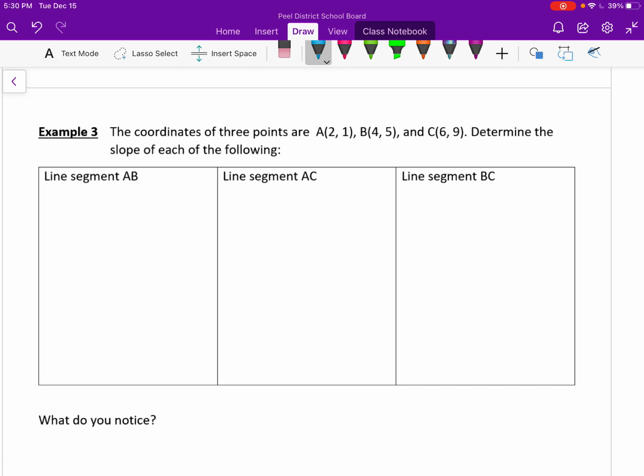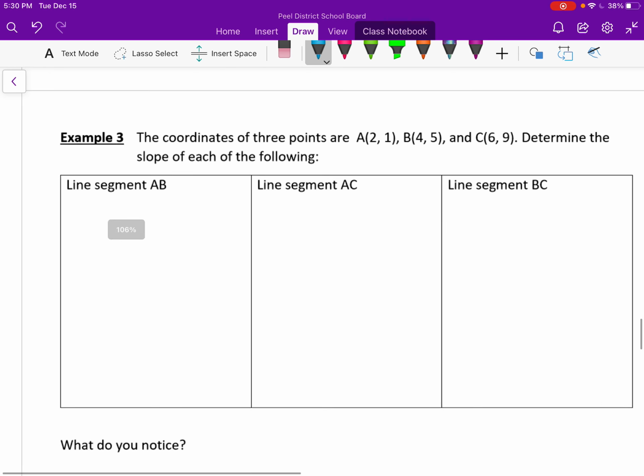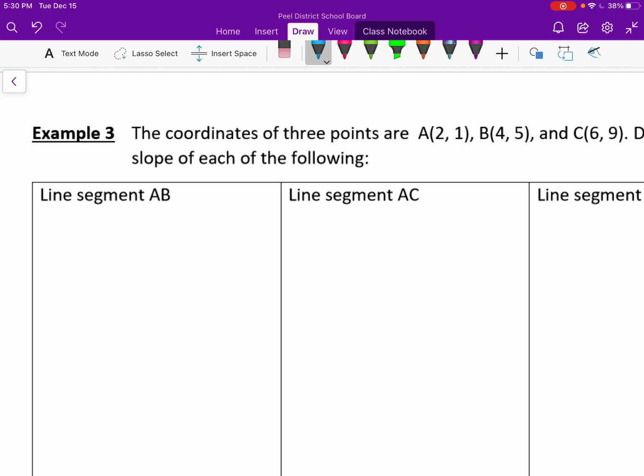Our next point here is going to be example 3. Example 3 is asking us, the following are coordinates A, B, and C, right? They're segments of a line. It says to determine the following for each of these coordinates. So let's do line segment AB first.